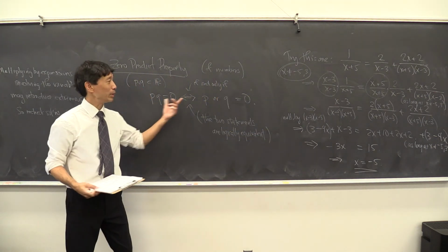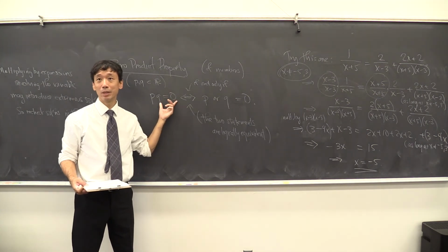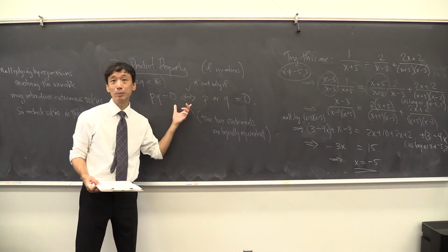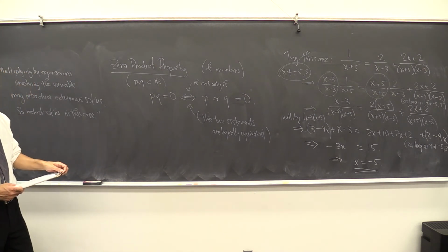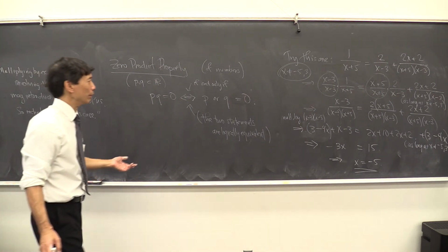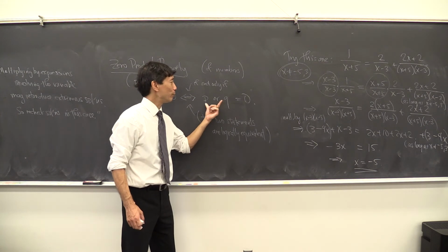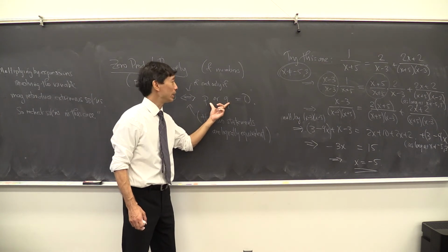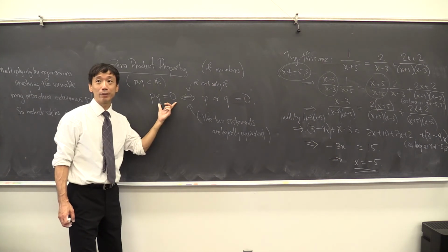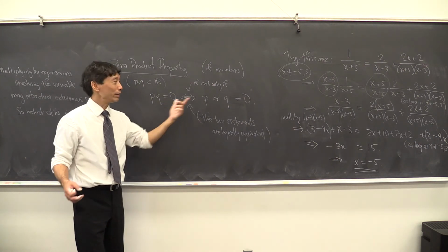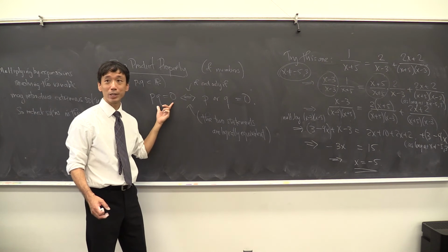If this happens, that happens. If that happens, this happens. They're basically the same statement. So this is something that you kind of know instinctively. If one or both of P or Q is equal to 0, then certainly the product is going to be 0. If one of these numbers is 0, the product is going to be 0.